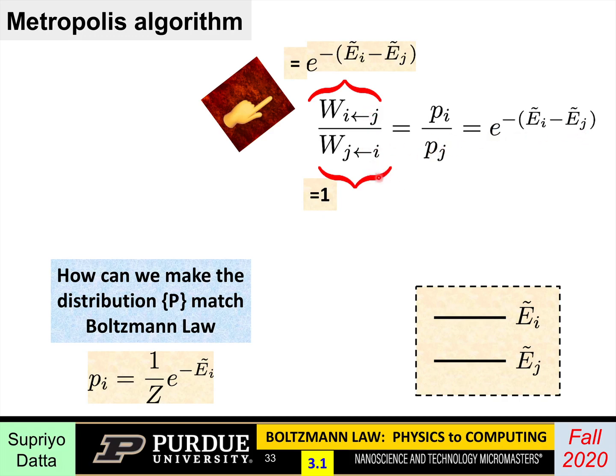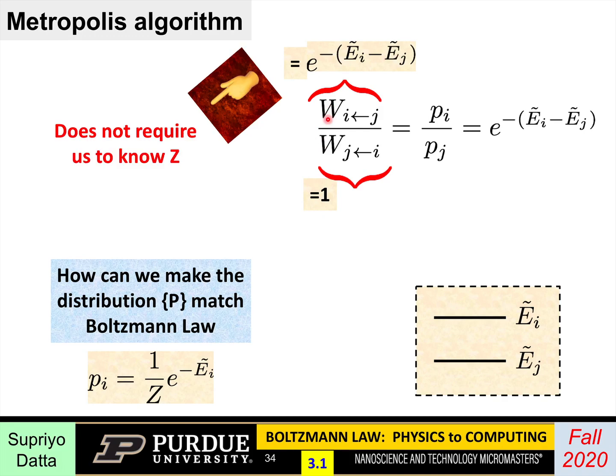So the probability for going down in energy, from i to j, from the higher energy to the lower energy, is 1. Whereas the Wj to i, that's the part where you choose it proportional to this exponential of minus Ei minus Ej. So this is the ratio in which you'd choose those probabilities.